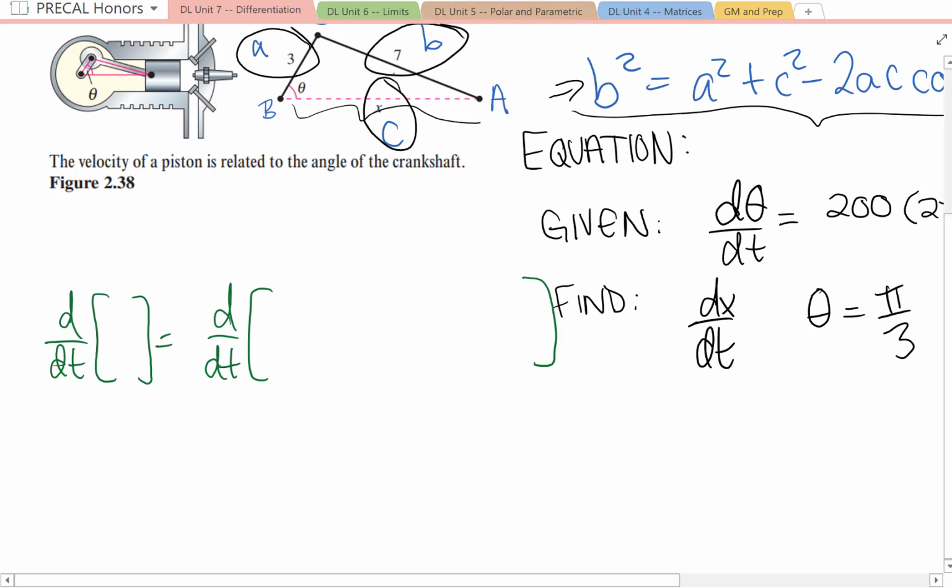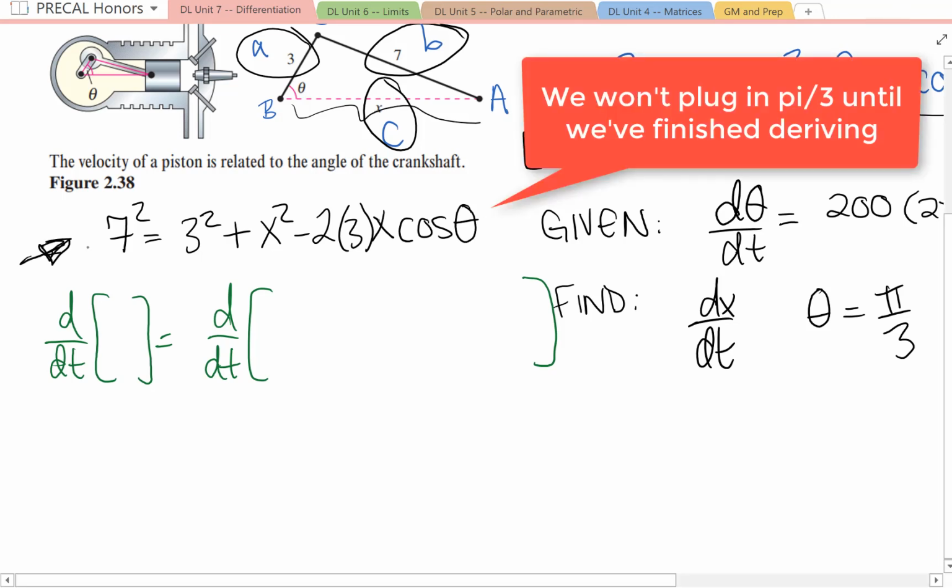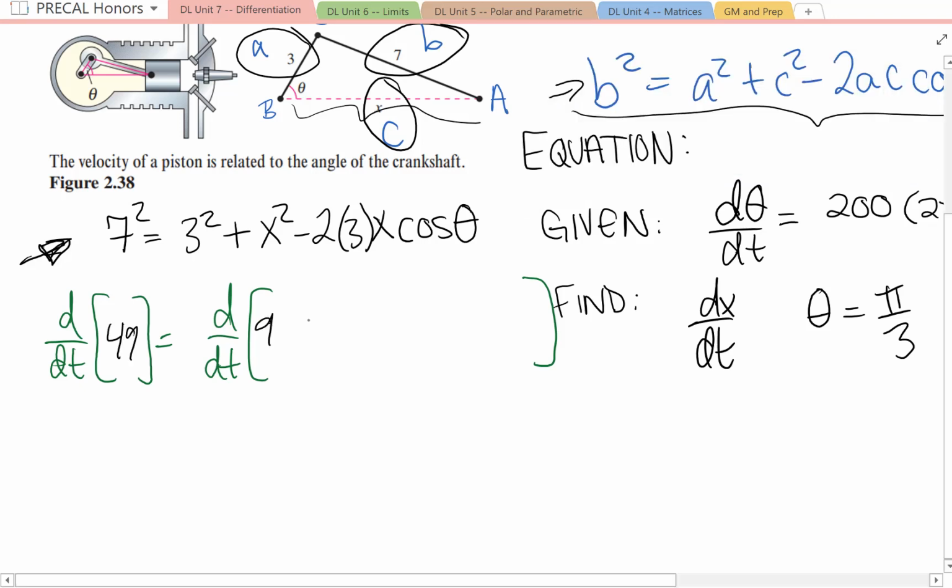A is 3, B is 7, and little c is labeled as x. We have 7 squared equals 3 squared plus x squared minus 2 times 3 times x times cosine of theta. This is the one that we're actually going to differentiate. 7 squared is 49, equals 9 plus x squared minus 6x cosine theta.